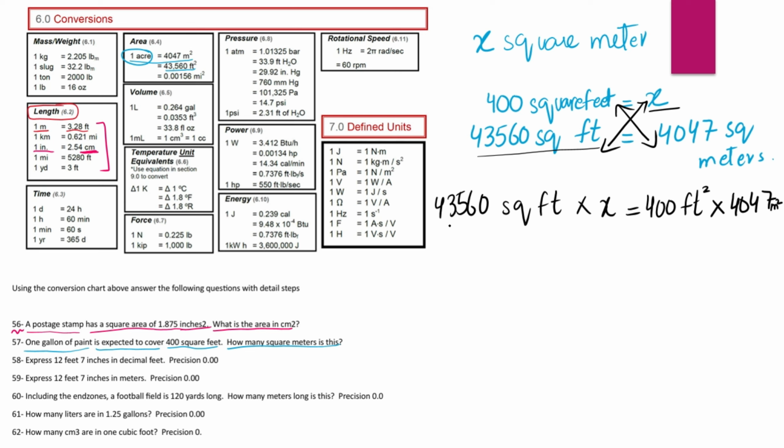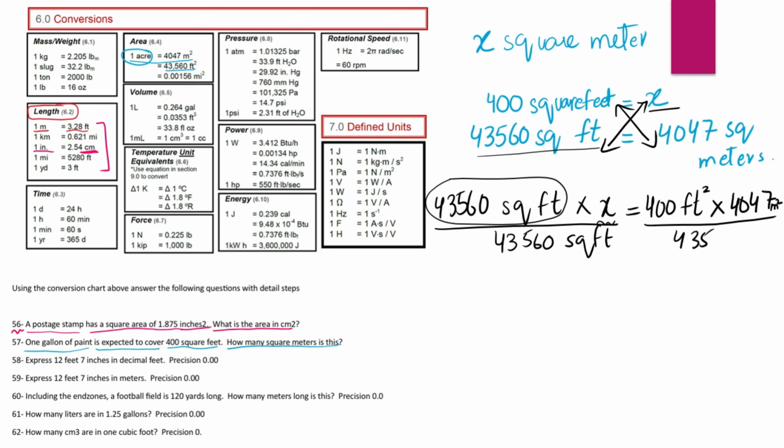We need to find x, so we need to isolate this x. In order to isolate it, I need to divide both sides by this value, right? Because we need to cancel this value. So we can write 43,560 square feet here, and here we can also write 43,560 square feet.